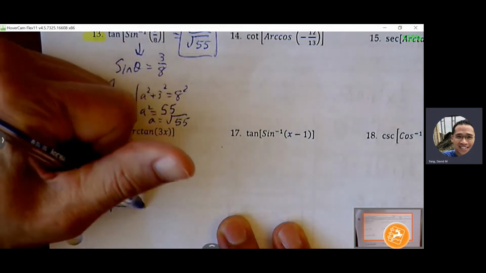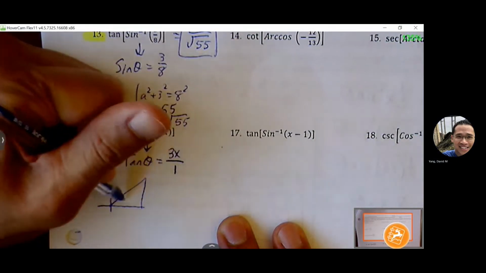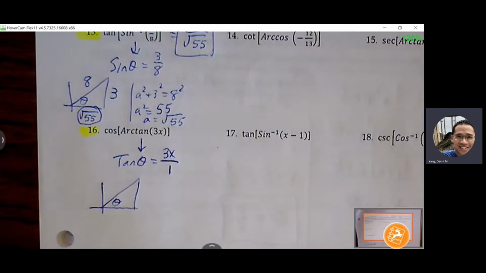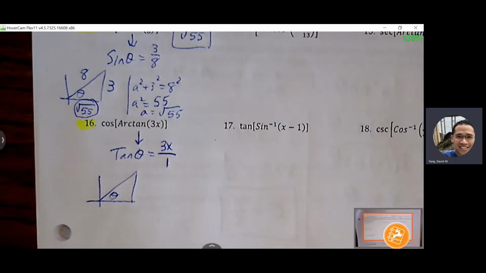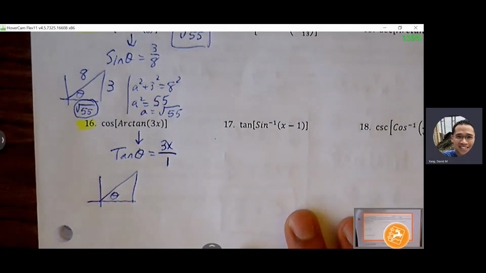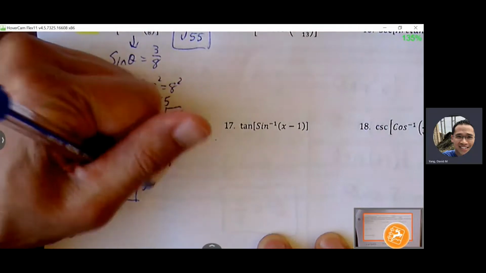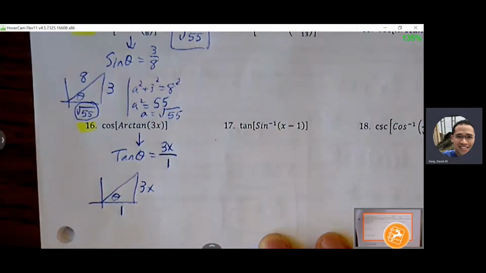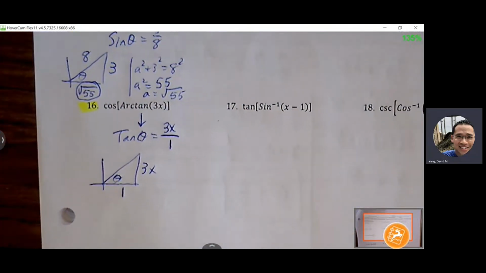Let's build our triangle. Where does the 3x go? Where does the 1 go? Opposite over adjacent. Now when you go through the Pythagorean theorem, make sure you don't just make it 3x squared, that you're doing parentheses 3x squared, right? The 3 is also being squared, not just the x.